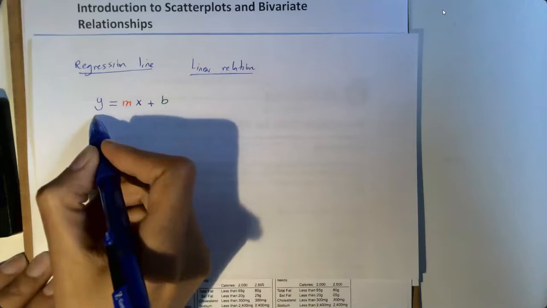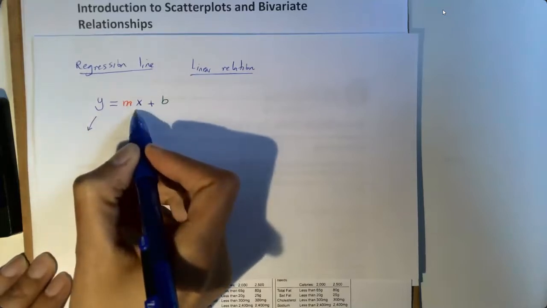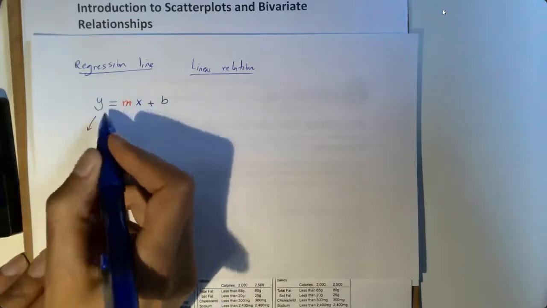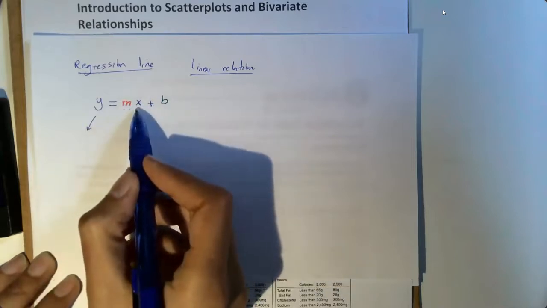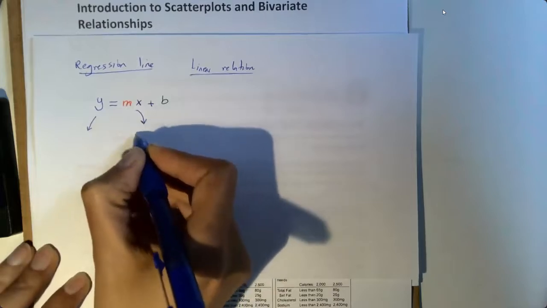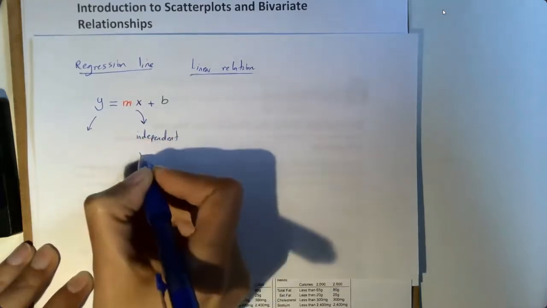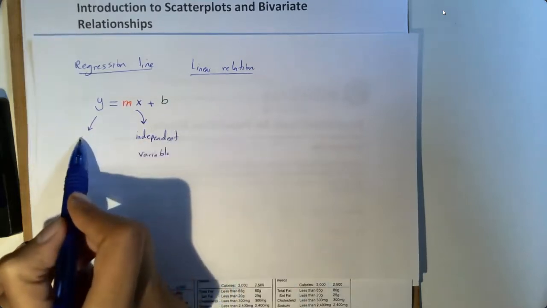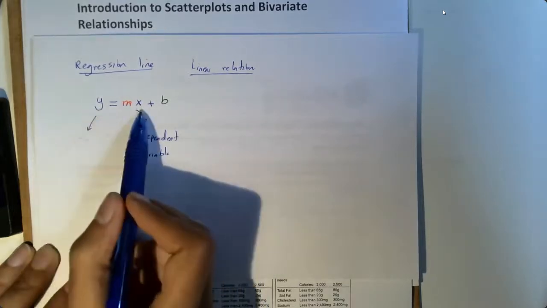So Y depends on X. This is the value, the number that depends on X. So X is the independent variable, and Y is called the dependent variable. Y depends on X.